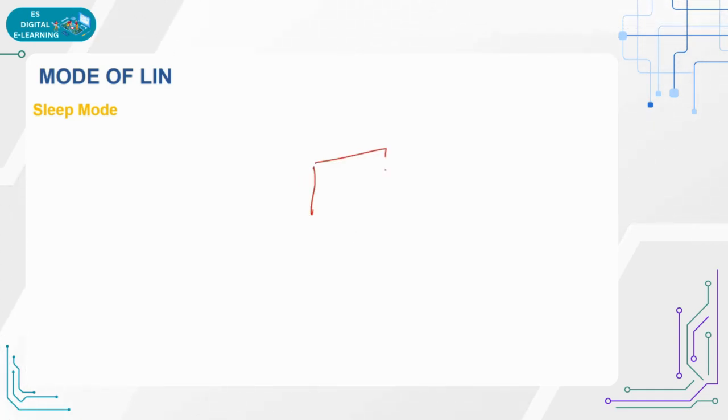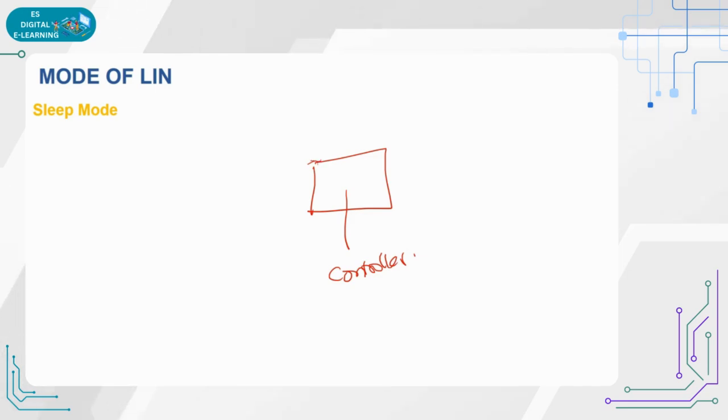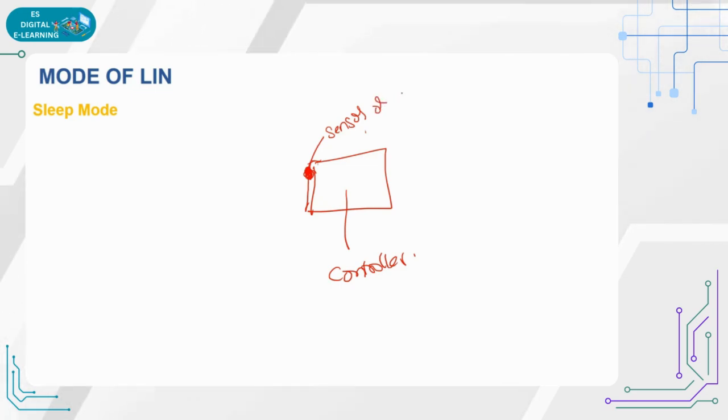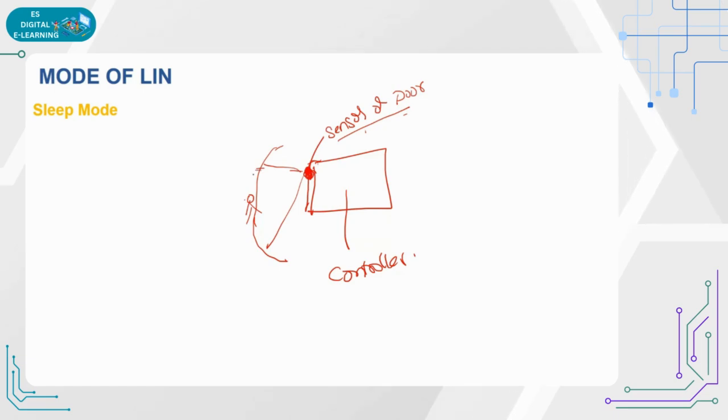Imagine this is a controller, and we'll go with the example we previously discussed. Here I have a door sensor. Whenever a person goes near, it has radiation with some frequency covering the region.